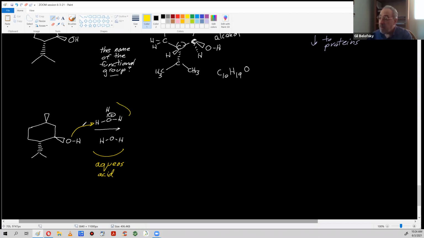But however you want, alcohols can pick up a hydrogen from acid. Showing the details here, that sets up this OH2, now a plus charge. That relates to the number of electrons around oxygen, and everything else is still the same. And now this is set up as a great leaving group.